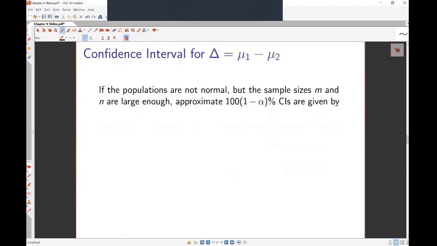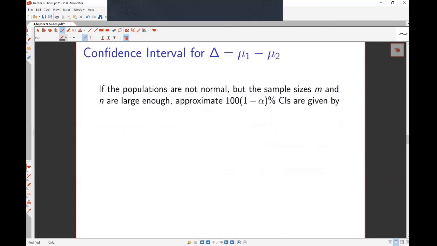Now, what about confidence intervals when we do not have normality? So we're in a situation where we don't know that our populations are normal, but the sample sizes M and N are large enough. In this case, we can still use the same underlying structure and we will obtain an approximate confidence interval.